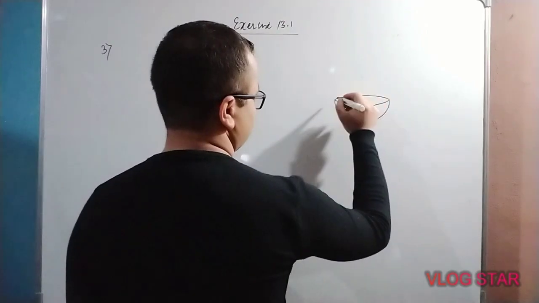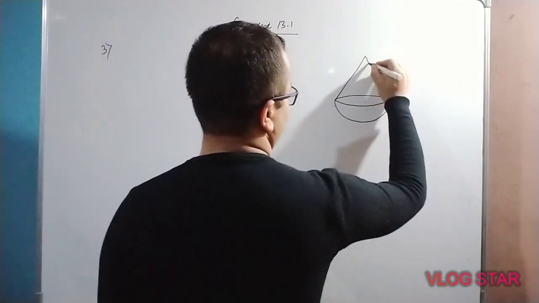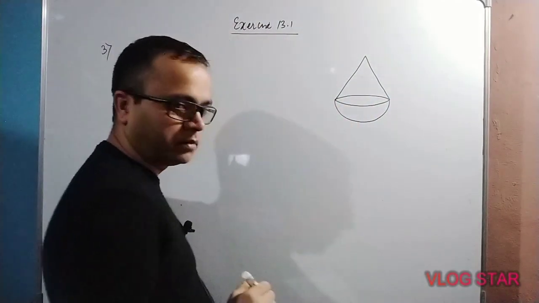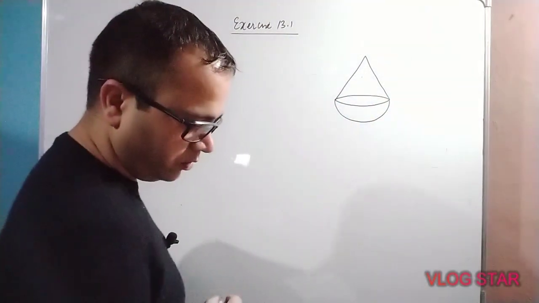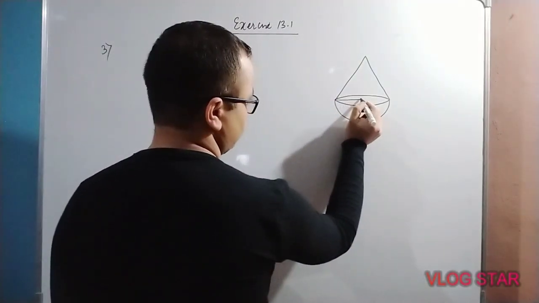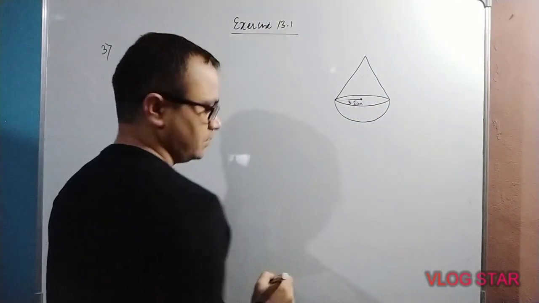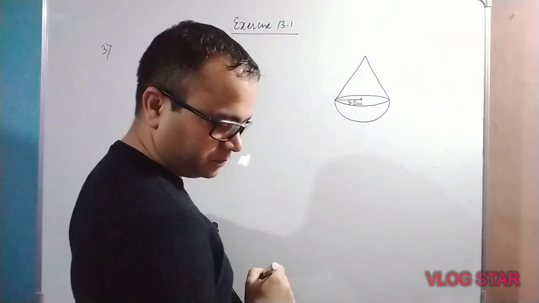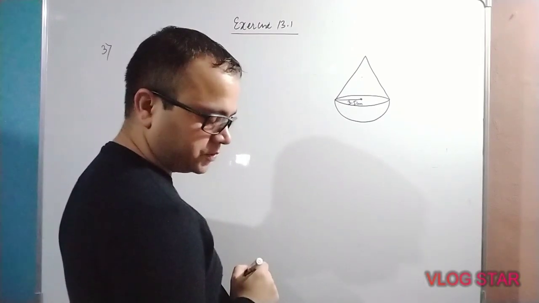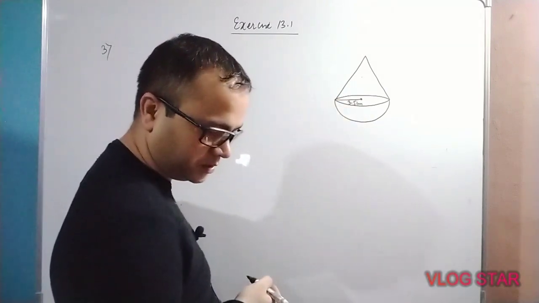Now on the hemisphere there is a cone of radius 3.5 centimeter. So the radius of the cone is 3.5 centimeter. Mounted on a hemisphere of the same radius means the radius of the hemisphere is also 3.5 centimeter.